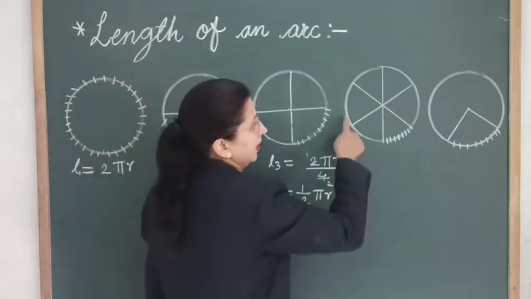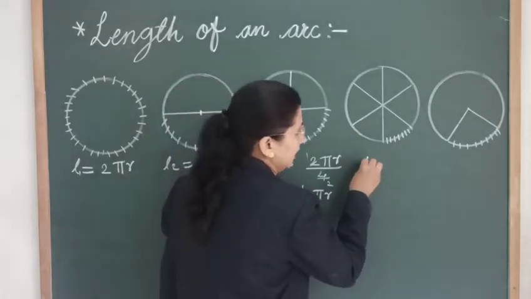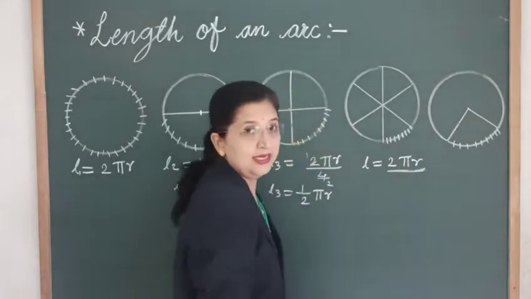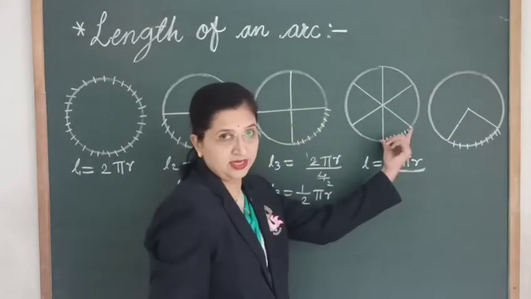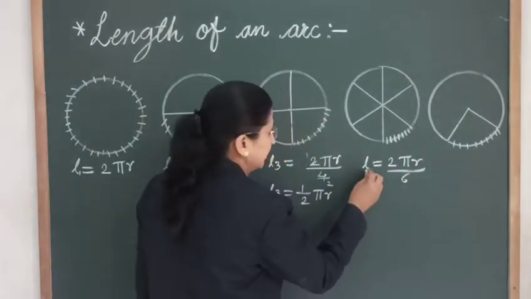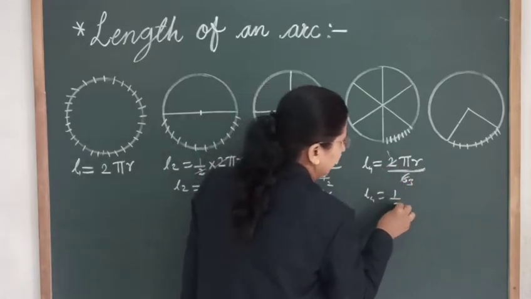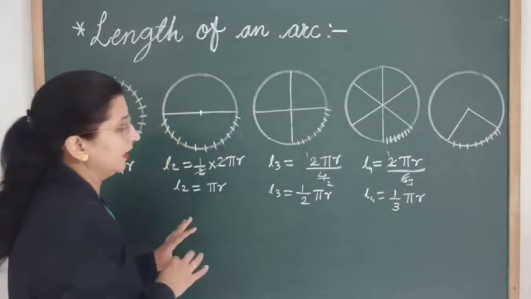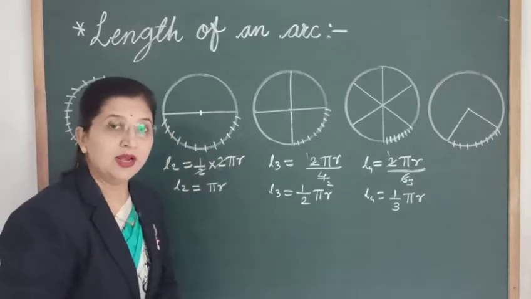Now here the circle gets divided in 6 equal parts, and from that we consider this much only. So let's divide by 6. Let's call this L4, which is equal to 1/3 pi r.